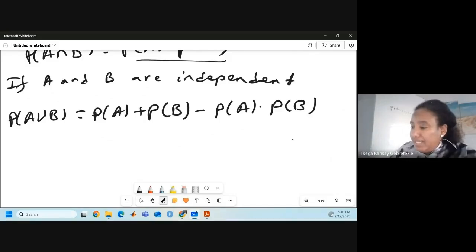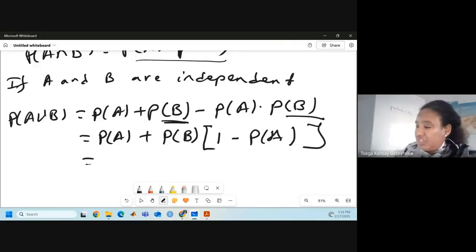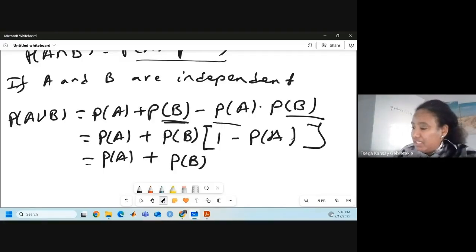Okay, let's take this as a common factor. It will be probability of A plus probability of B as a common, and then what's left here is 1 minus probability of A. So this expression will be probability of A plus probability of B times probability of A complement.